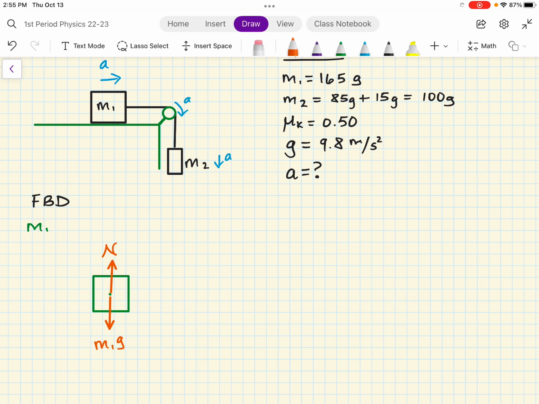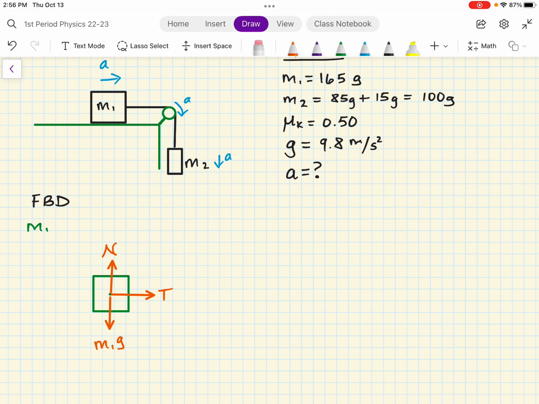And then we have the tension for this part of the string, pulling to the right, is tension. There you go, that's tension force T. And we have friction.